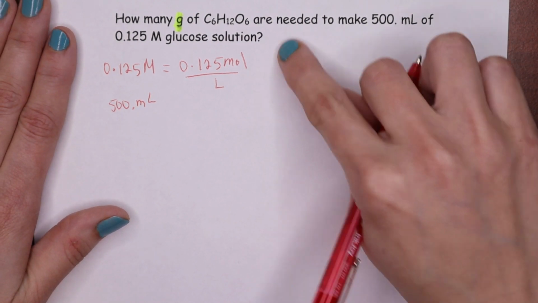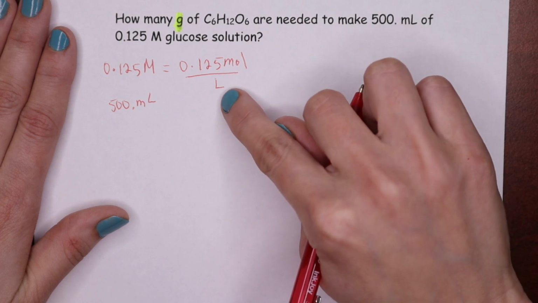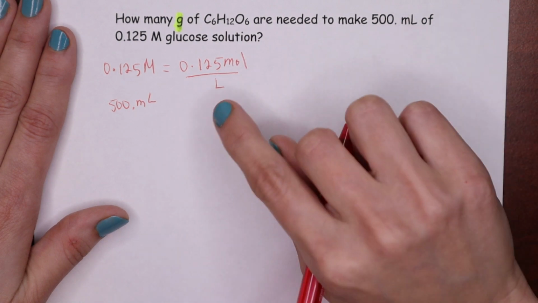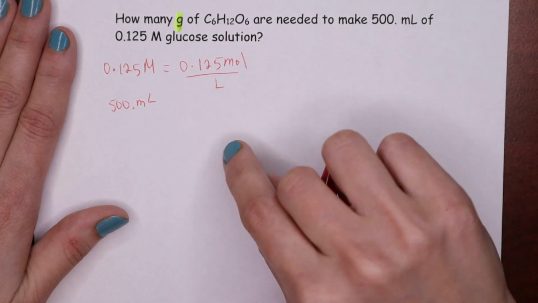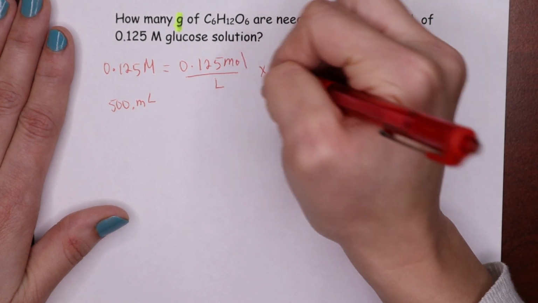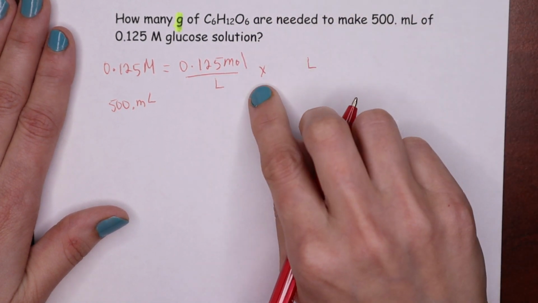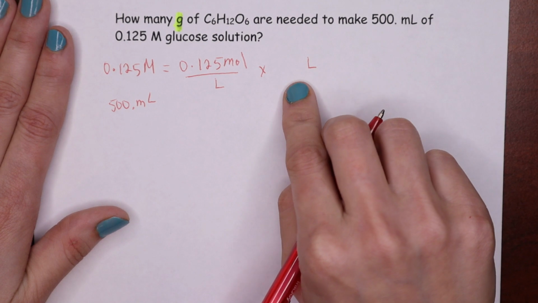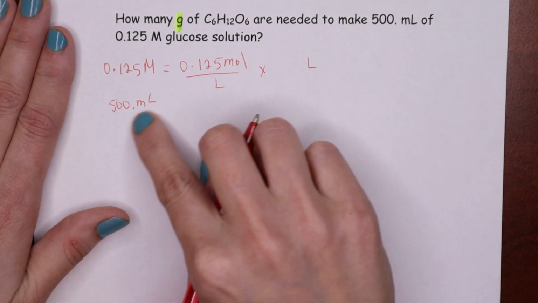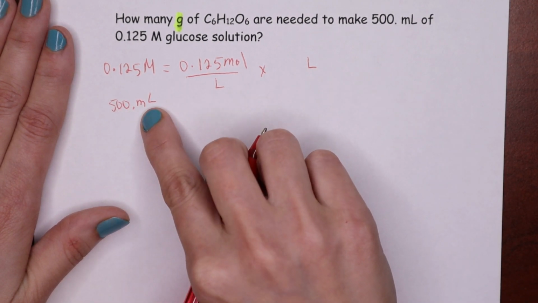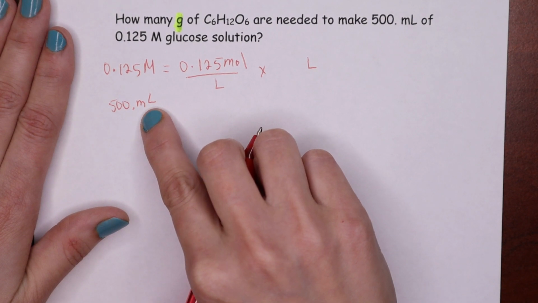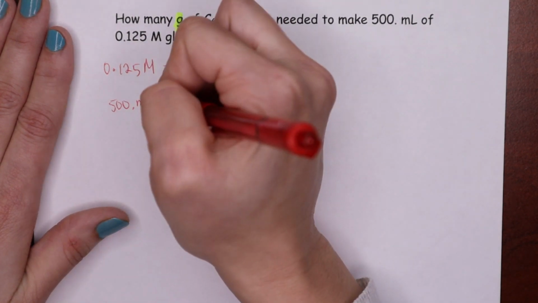So what do you have to do to this fraction to cross out these liters? You have to multiply these by liters. So you might ask, well, by what liters? Well, they're giving us 500 milliliters. So we know how we can easily change from milliliters to liters. So let's go ahead and do that.